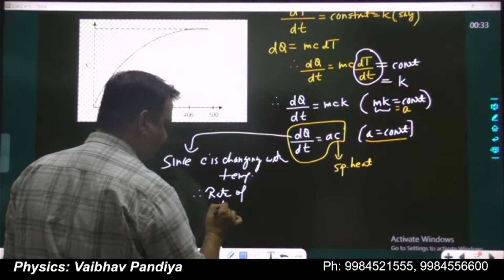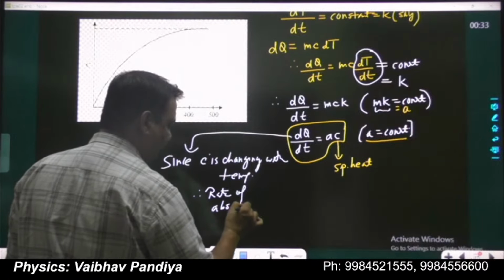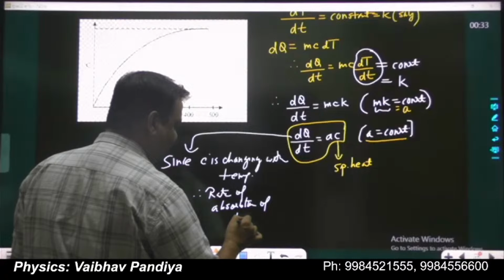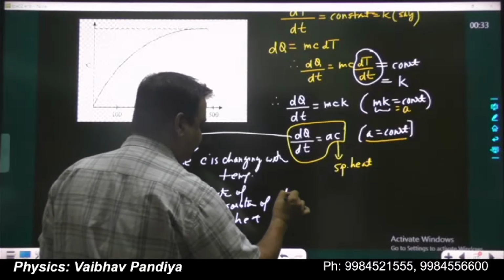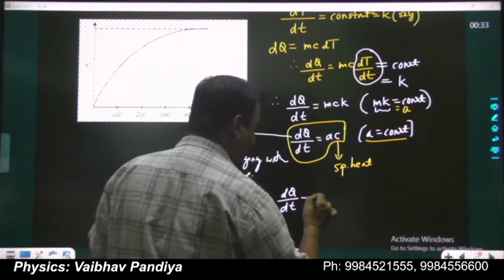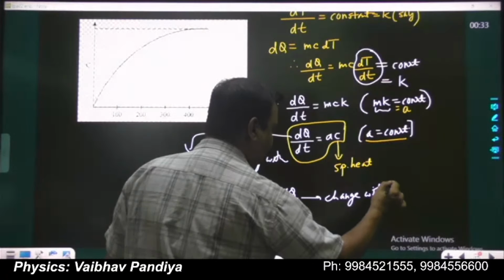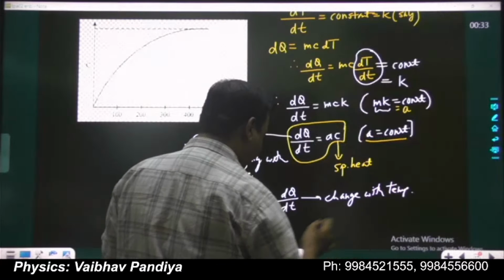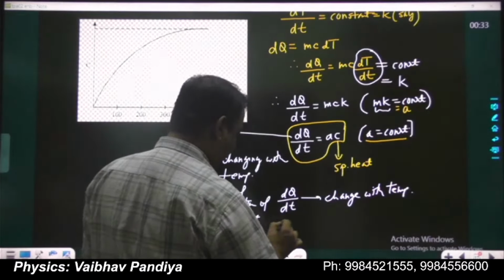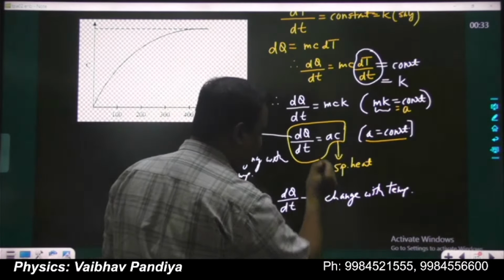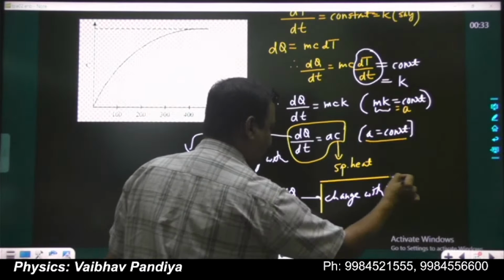the rate of absorption of heat, that is dQ by dt, will also change with temperature. Yes or no? Because it depends on C. It is directly proportional to C. Can you say A is a constant?